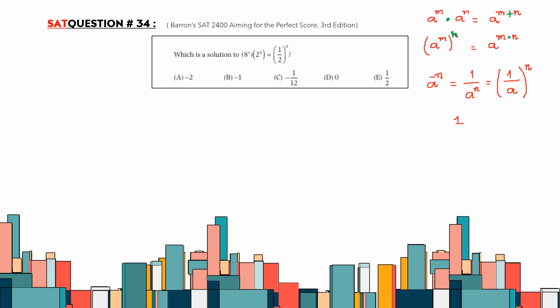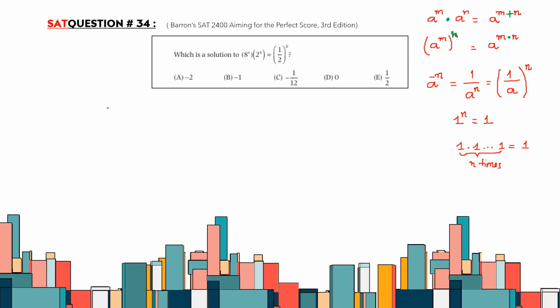Why? Because 1 to the power of n is 1, because 1 multiplied by 1 multiplied by 1 is still 1, right? Okay, so let's work on this question.